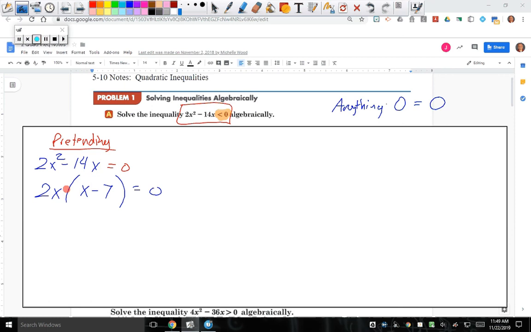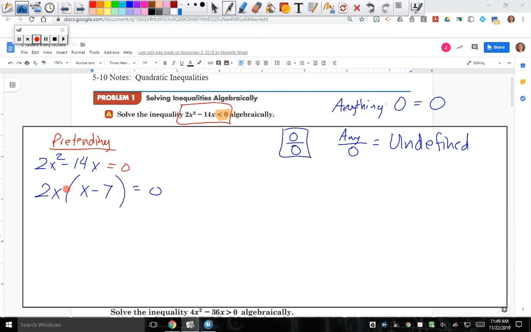Okay? Anything divided by 0 is always what? Undefined. I wanted you to know the difference. Anything times 0 is 0, but anything divided by 0 is undefined. The only thing that it doesn't work is this, and again, you learn that in calculus.